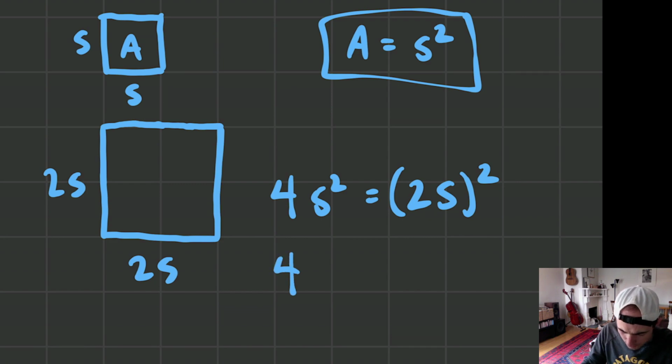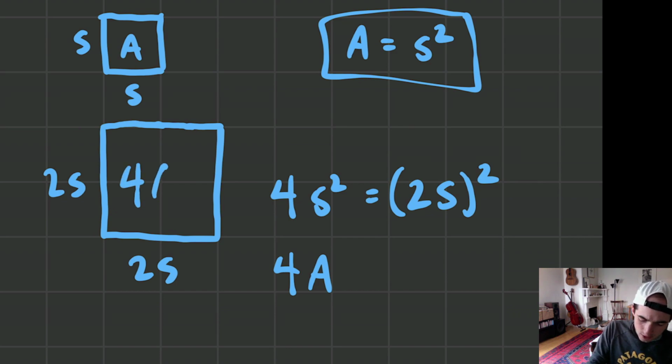So if I double the side length, I quadruple the area, right? You can see that right off the hop, because this is 1 block and this is 4 blocks, even though I doubled one side.